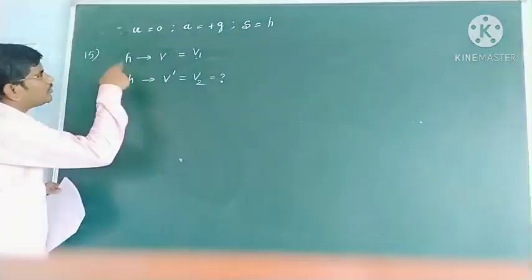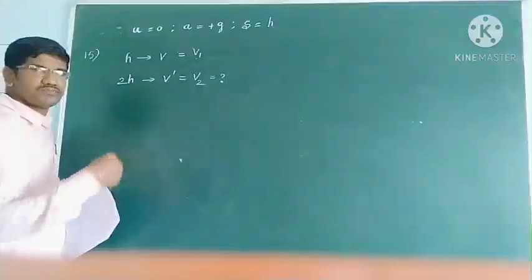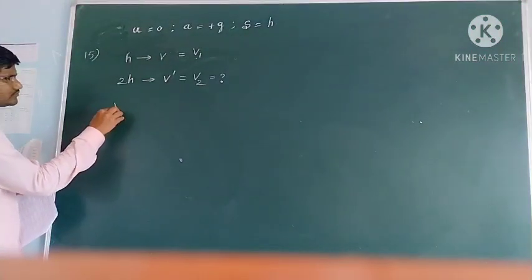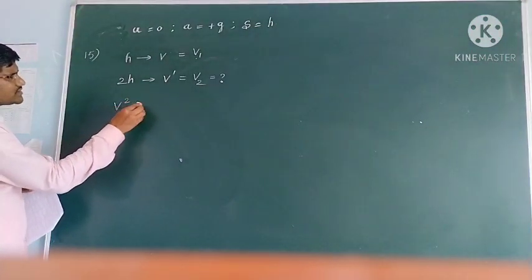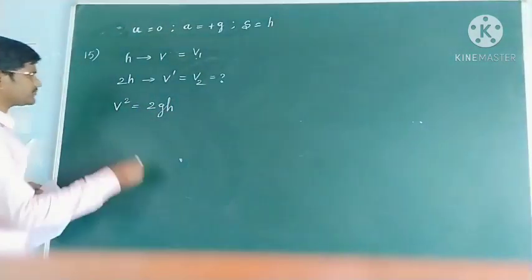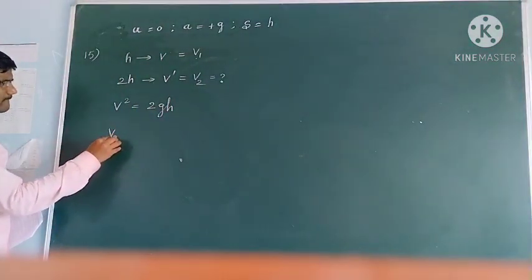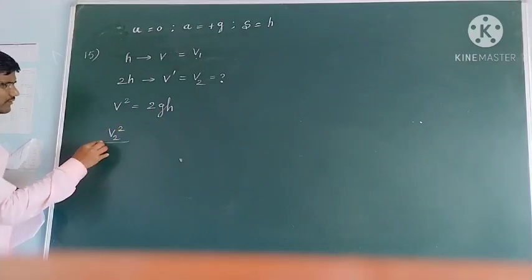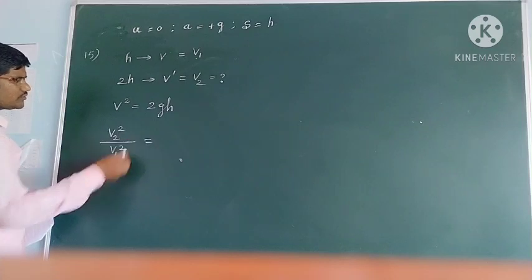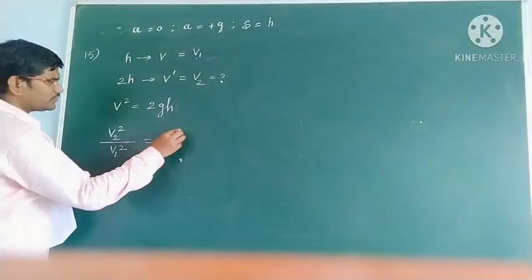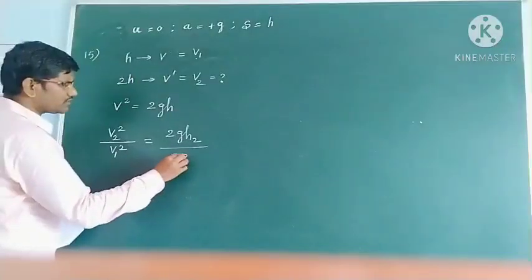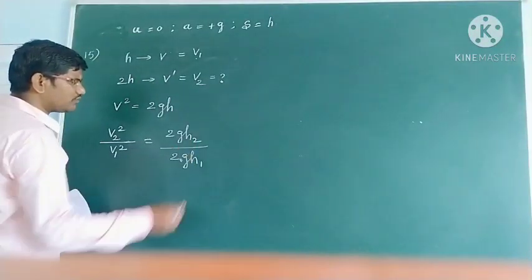So we know only initial velocities and the heights. So I will take the equation. V square is equal to 2gh, the equation I will take. Then v2 square by v1 square is equal to 2gh2 by 2gh1, we have to write.